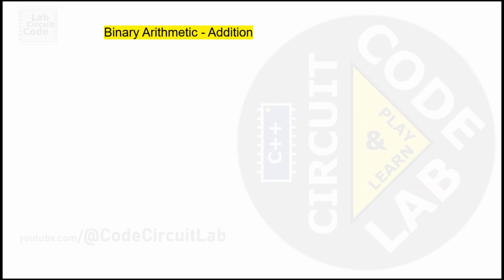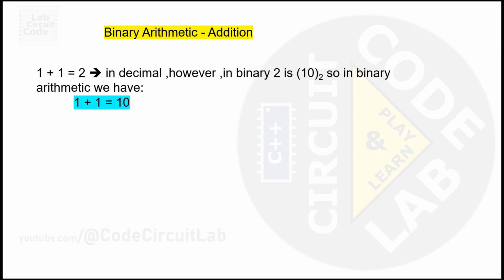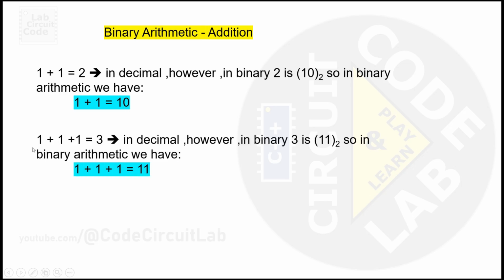Now let's talk about binary arithmetic, and in this case addition. 1 plus 1 is 2 in decimal. However, in binary, 2 is 10. So in binary arithmetic, we have 1 plus 1 equal to 10. 1 plus 1 plus 1 is 3 in decimal.